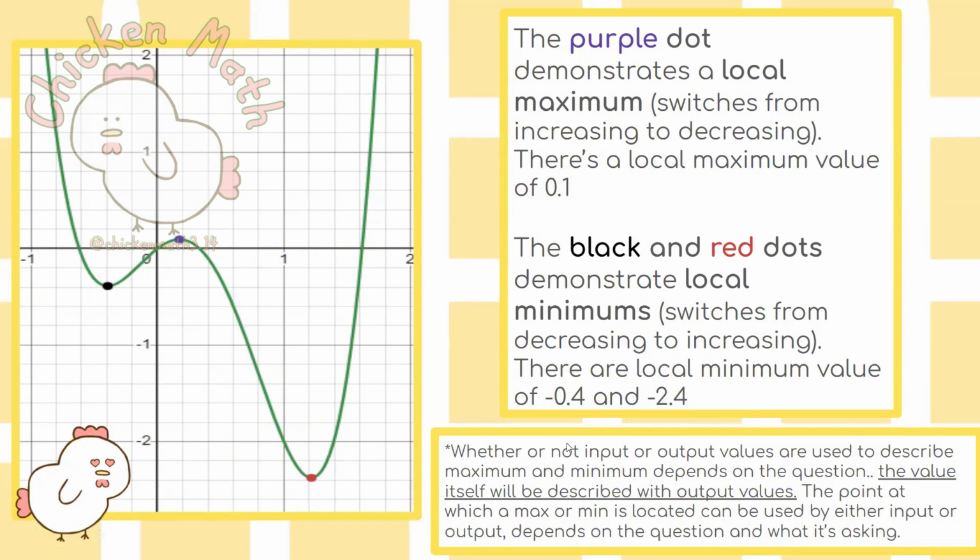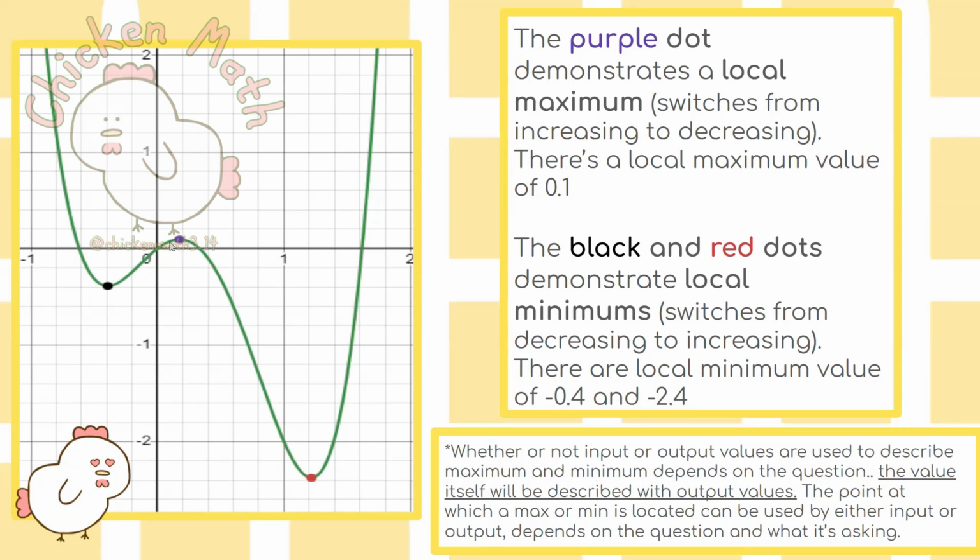Something else to keep in mind is when we're talking about local extrema, so maximum, minimum, both of these apply. And this also applies with global maximum and minimum. We'll talk about that later. Whether or not we use input or output values to describe this depends on the question. Now, for the value itself, our minimum and maximum values, we're going to be using the outputs to describe these, which is kind of strange because I know for a lot of math, we tend to use input values, our x values.